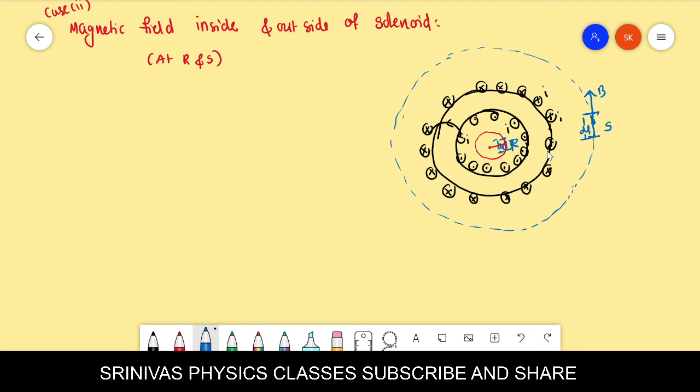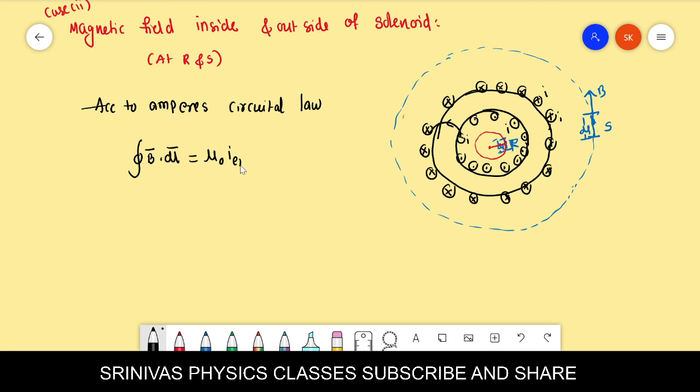Then how to find it? For that purpose, according to Ampere's circuital law, what is Ampere's law? The line integral of magnetic induction is equal to mu naught times the current enclosed.